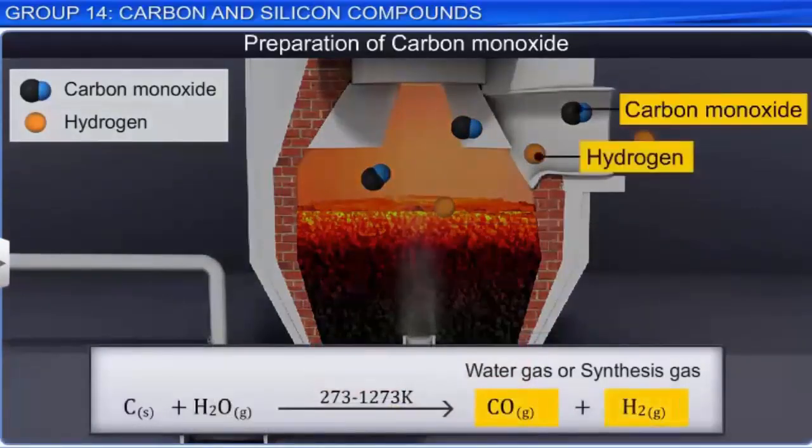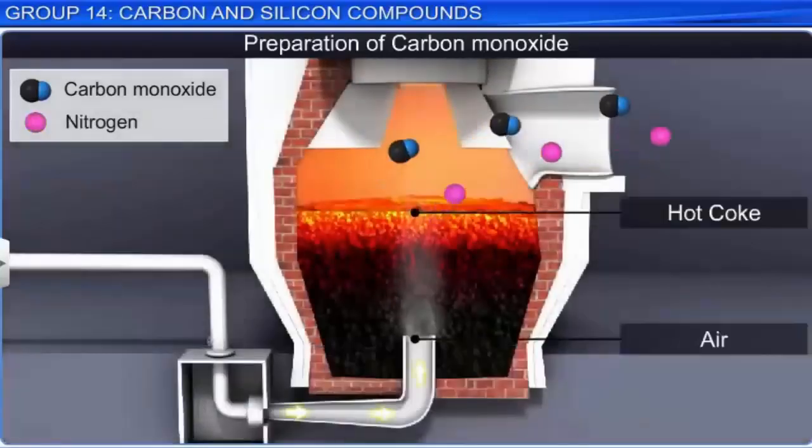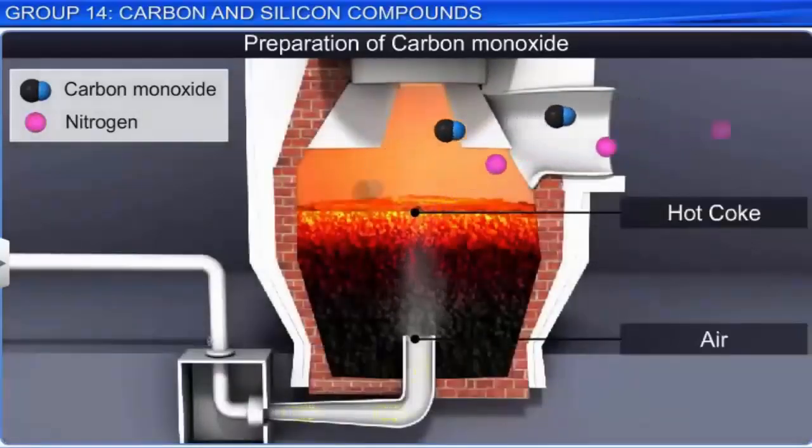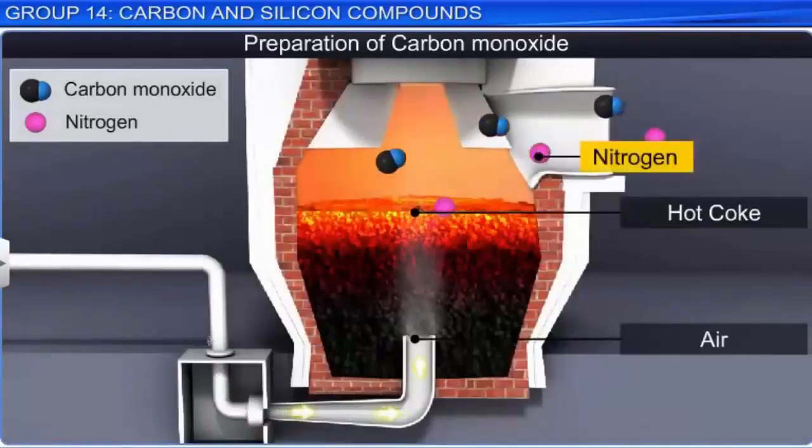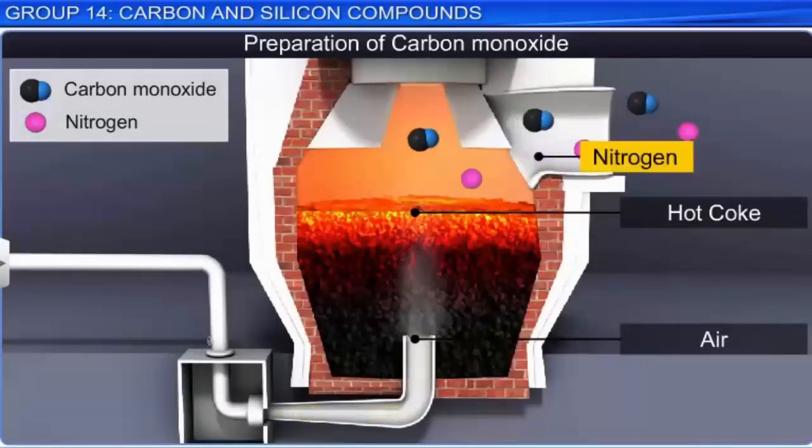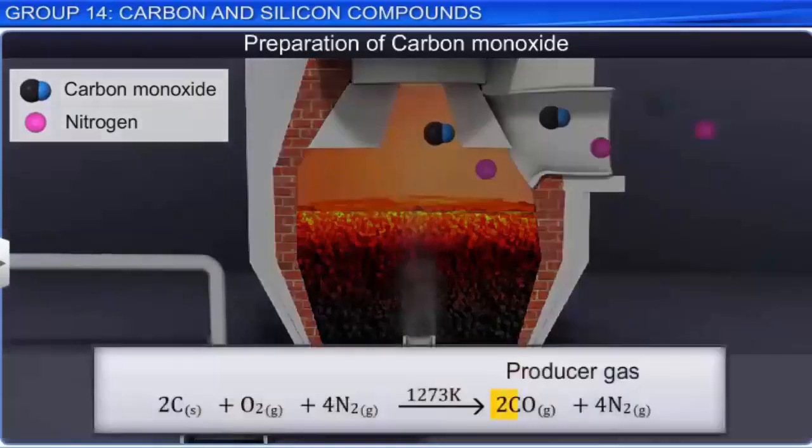This mixture of carbon monoxide and hydrogen is called water gas or synthesis gas. If air is passed over hot coke, nitrogen is produced along with carbon monoxide. The resulting mixture of carbon monoxide and nitrogen is called producer gas.